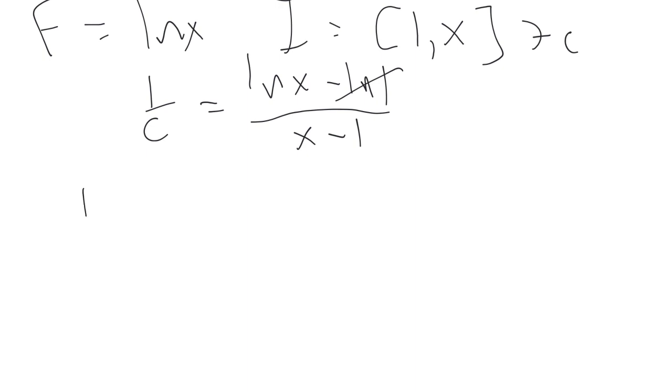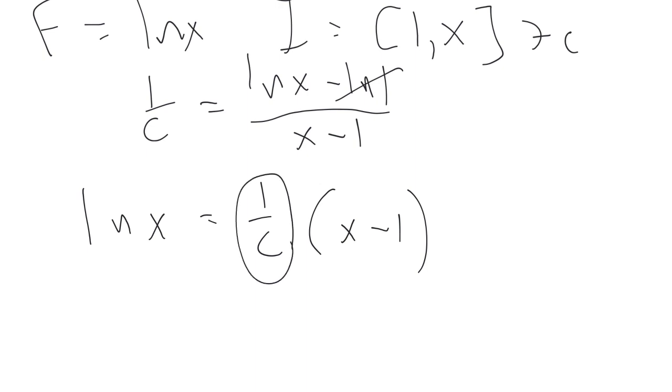I have ln of x is equal to 1 over c times the quantity x minus 1. And I want to show that ln of x is less than x minus 1. Think about this: c belongs in there, so c is bigger than 1, so 1 over c is a number less than 1. So that gives you the right side inequality.